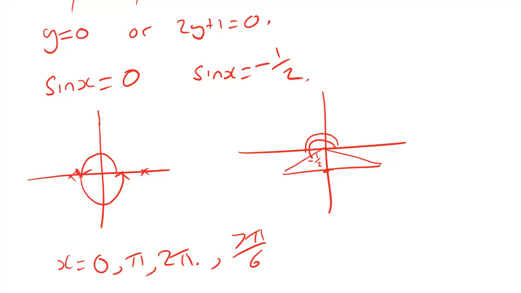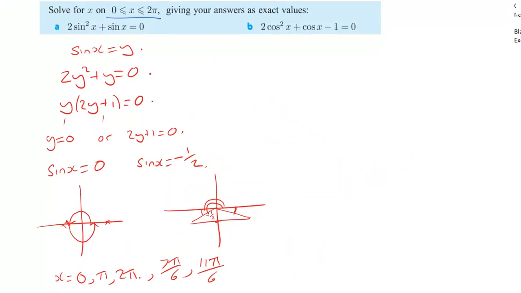That's the full rotation around pi plus the pi over 6 from the special triangle. If we come backwards, see there's pi over 6 going to be here. If we take that away from 2 pi, we'll get our other solution. That's going to be 11 pi over 6. So we have 5 separate solutions for that original equation: 0, pi, 2 pi, 7 pi over 6, and 11 pi over 6.